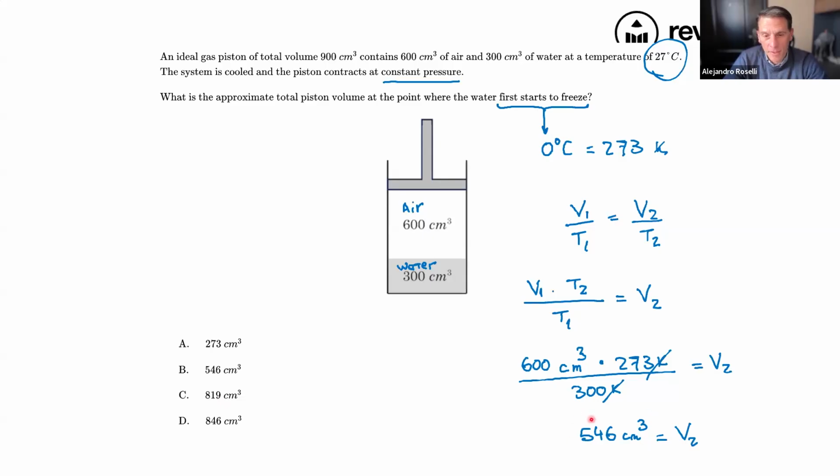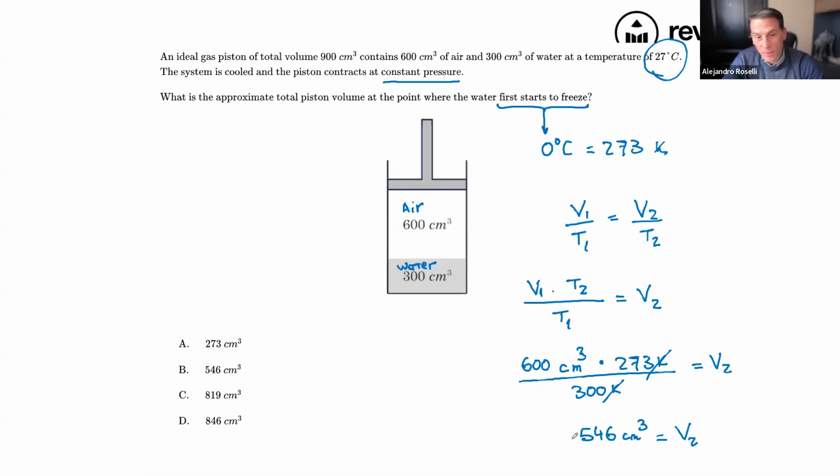546 cubic centimeters would represent the volume occupied by the gas, the volume occupied by the air. But the piston will still hold those 300 cubic centimeters of water. Now, it's a tricky thing to do to students, but it's the way it's going to be.